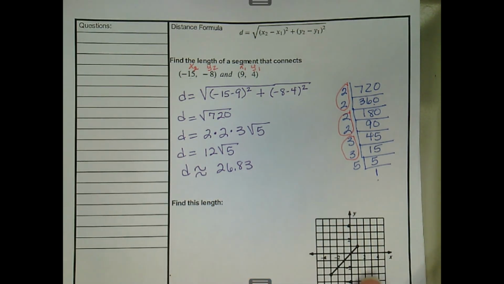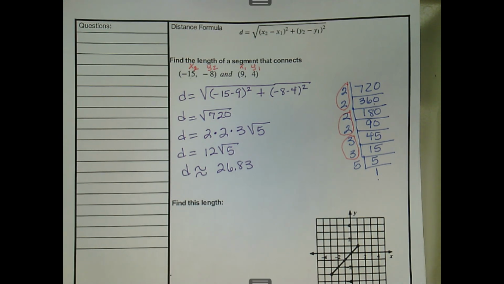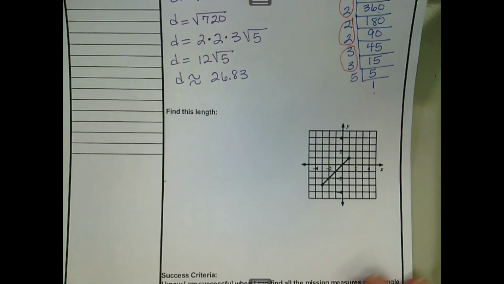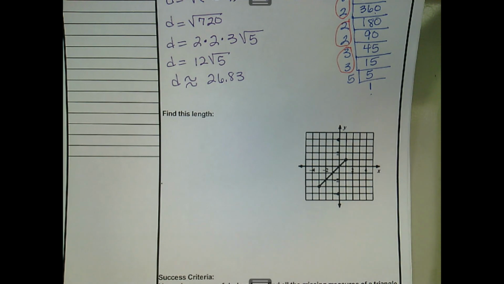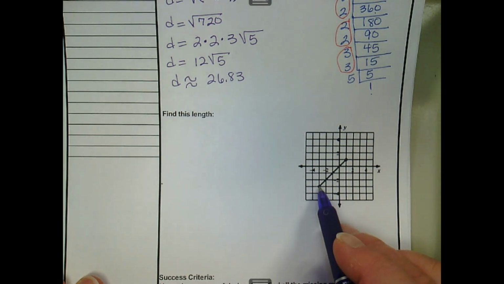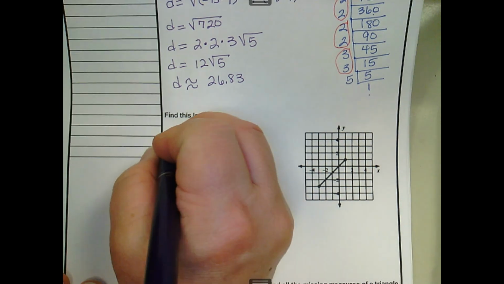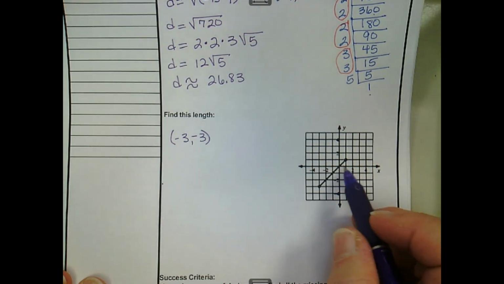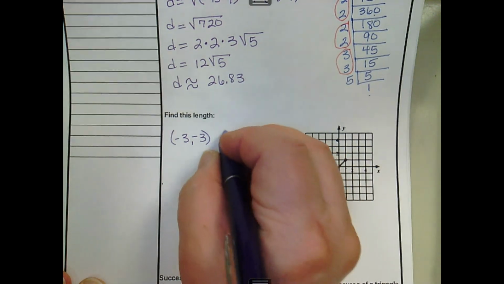So let's find the length of this segment that's on the Cartesian plane. Step 1 would be what? Well, there's 2 ways you can do it. I'll show you the way that most students would do. Find your endpoints. So this first endpoint would be -3, -3. And this one will be 1, 1.